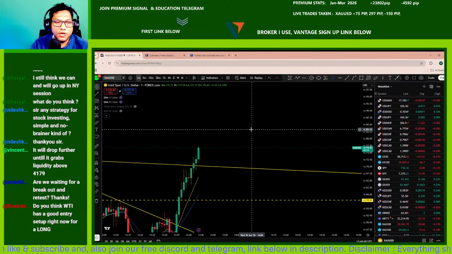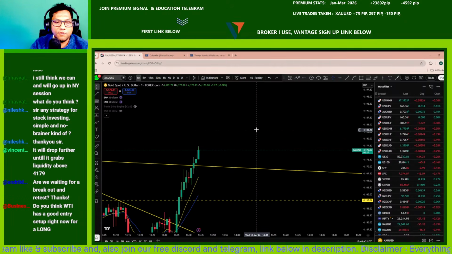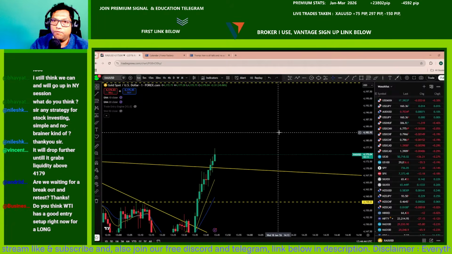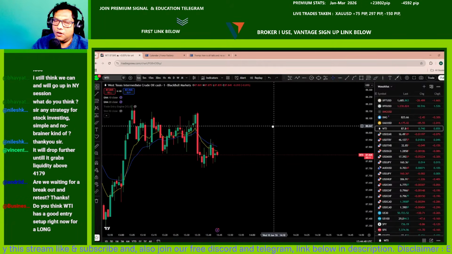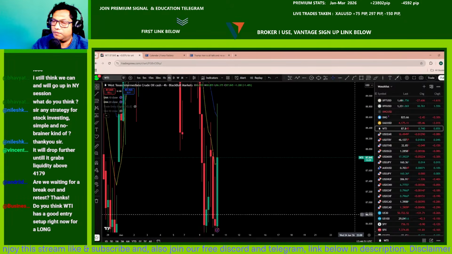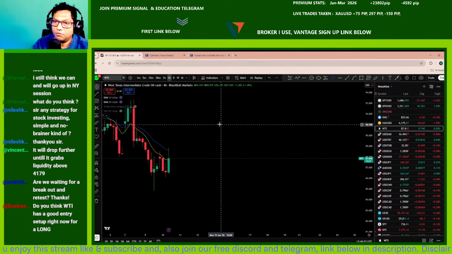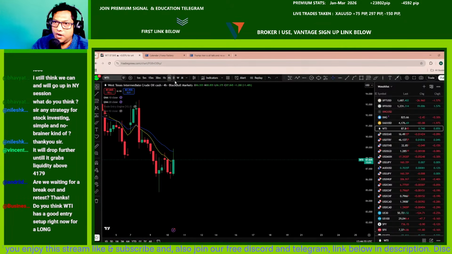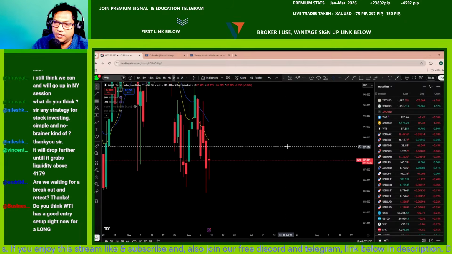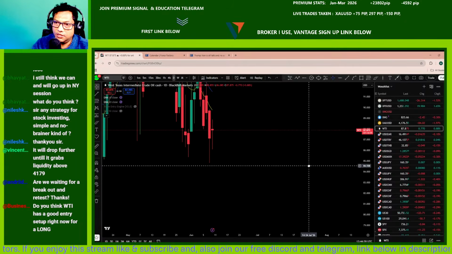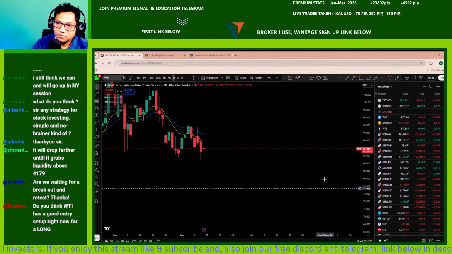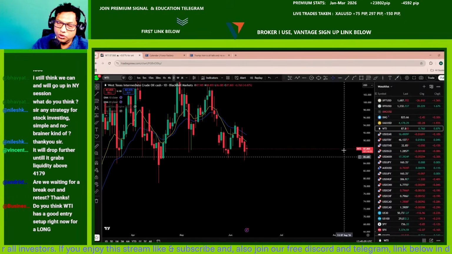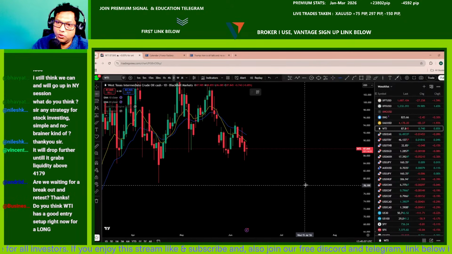Do you think WTI has a good entry setup right now for long? WTI, I wouldn't look to buy yet. I think WTI might go for a further pullback, though you see the market has reacted at this support.